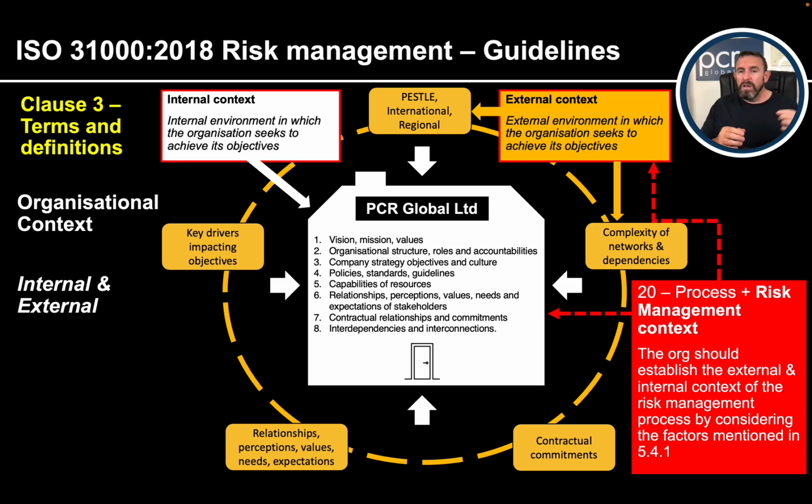So this was number 20, the 20th time of relevance it was mentioned. But what the risk management context must do is take into consideration both the external context and the internal context. It's quite a busy slide, but for me personally, I'm quite visual. When I look at that, it really does help me understand what we mean by the 3 types of context.